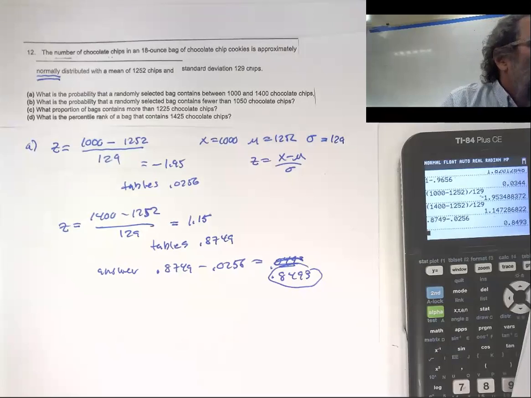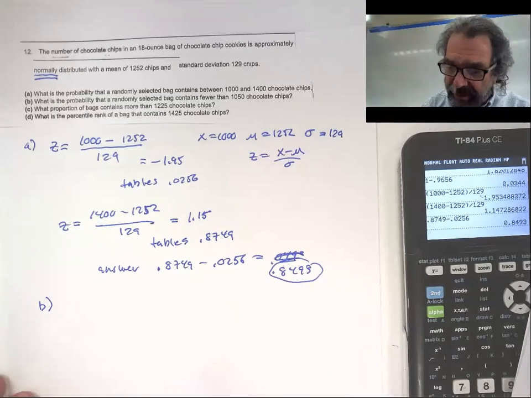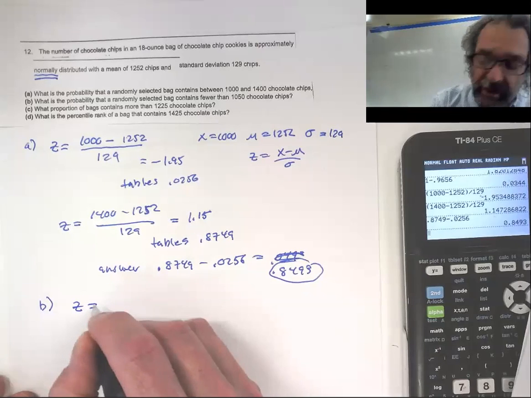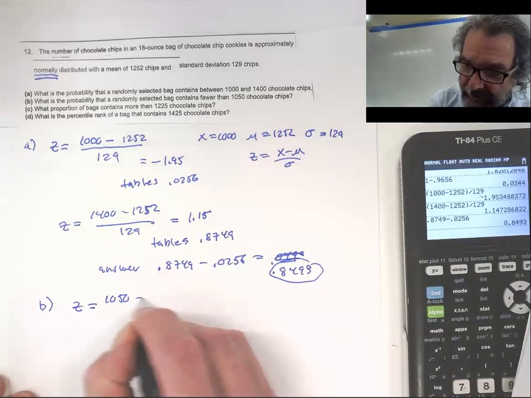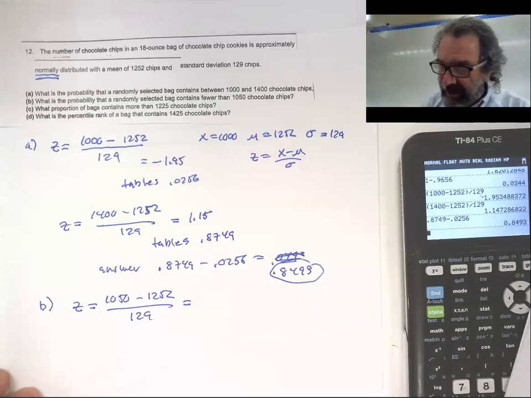So then what about the probability of fewer than 1050? Well, the tables give fewer than or less than probability. So we'll just compute z for 1050, and we'll go straight to the table. It'll give us the answer.